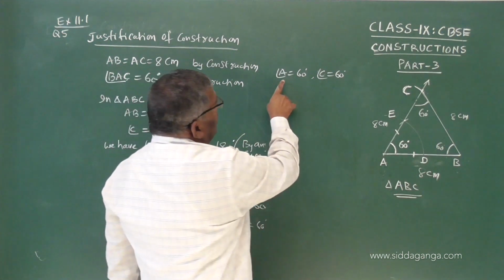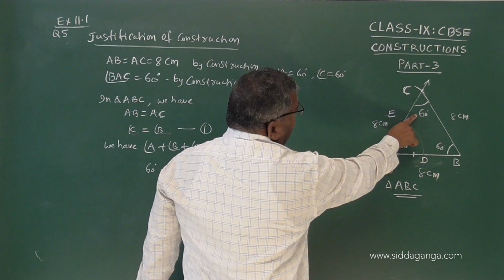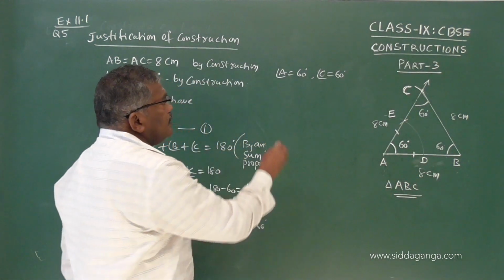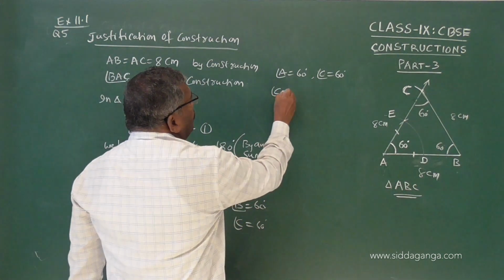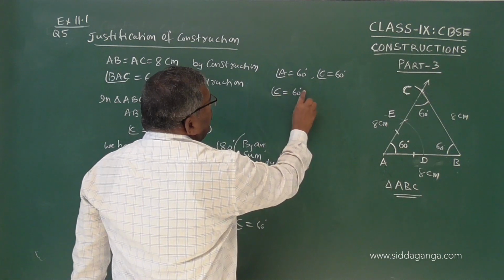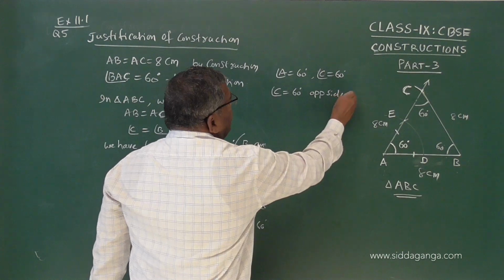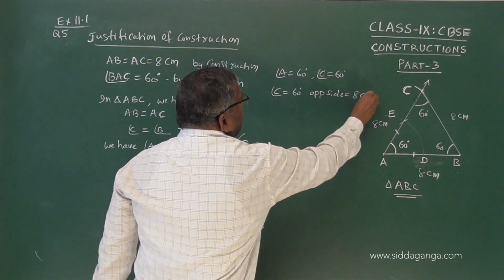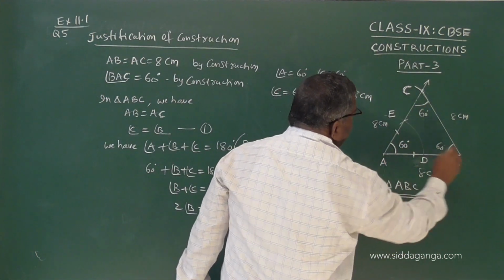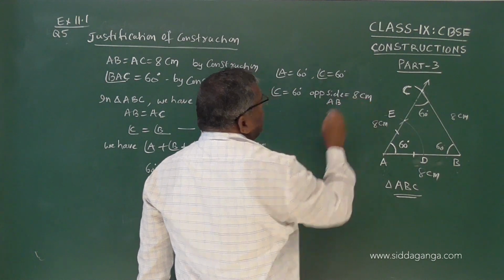Opposite to C is side AB, which is equal to 8 centimeter.